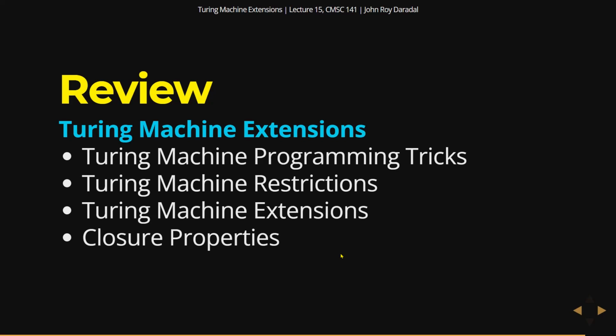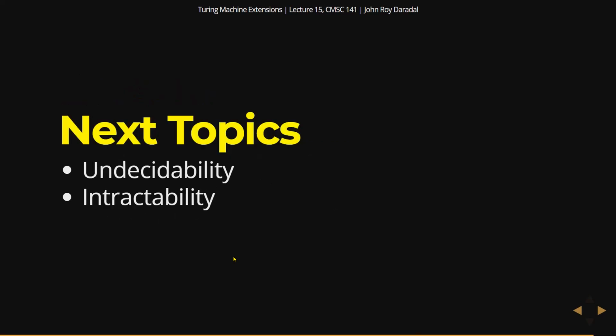And then we also talked about the name value store, okay, which models the computer's memory. Okay, and then we talked about the closure properties, so the union, intersection, difference, and so on, for recursively enumerable and recursive languages. Okay, so that's it for Turing machine extensions.